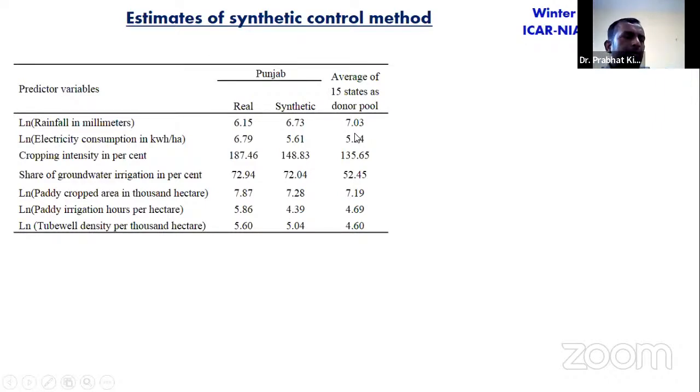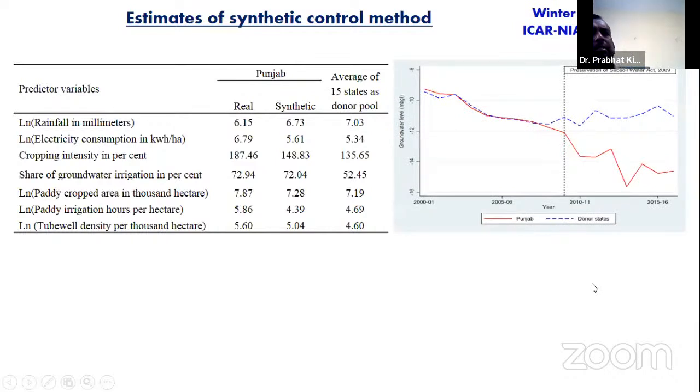What you can find is that the synthetic created by the SCM is much better than the average of the 15 states, which is what earlier people used. If you take the average of that value, the synthetic is much closer to the real. And why is this? Because it gives weight to the donor states which have more resemblance to Punjab based on the variables we include in the model.